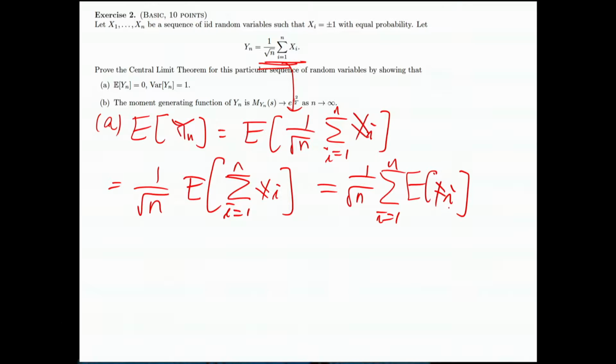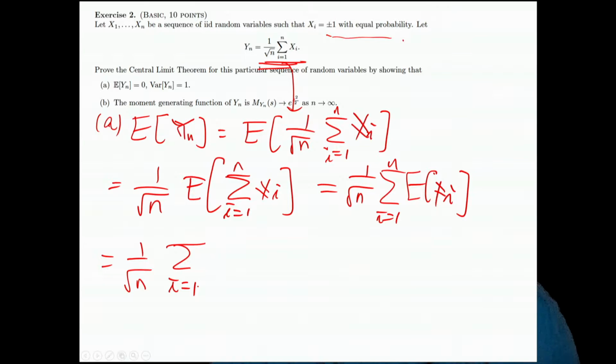I know the expectation of x is either 1 or minus 1 with equal probability. There's no summation inside, just the expectation.